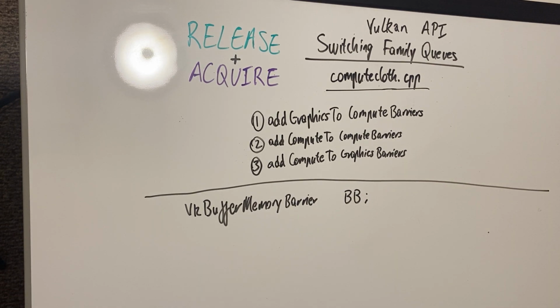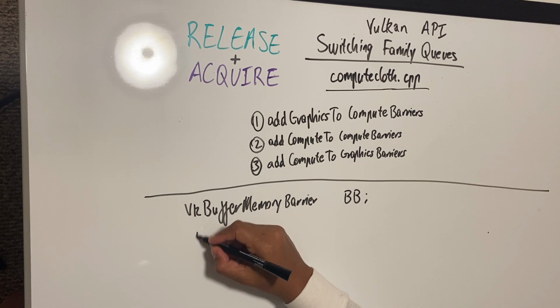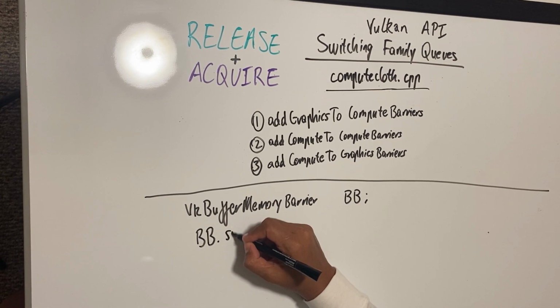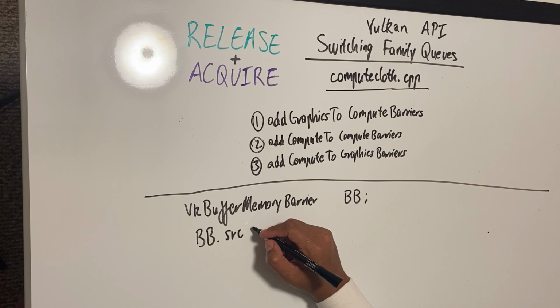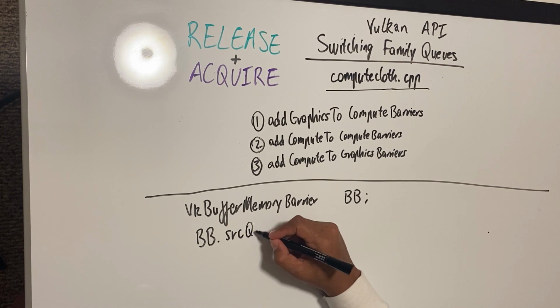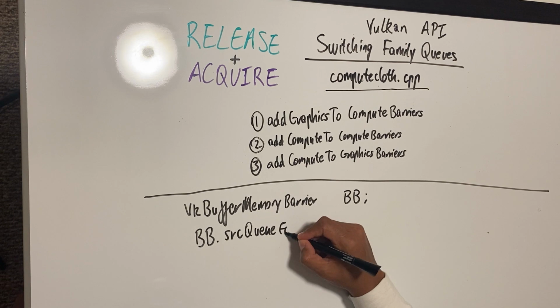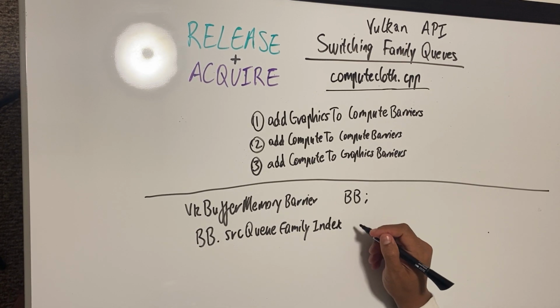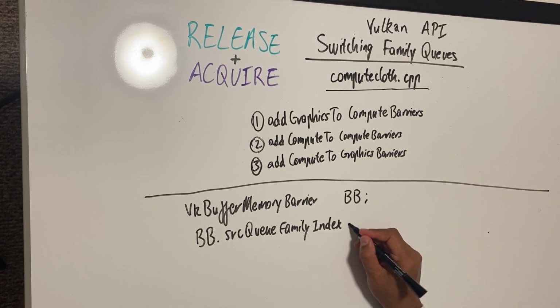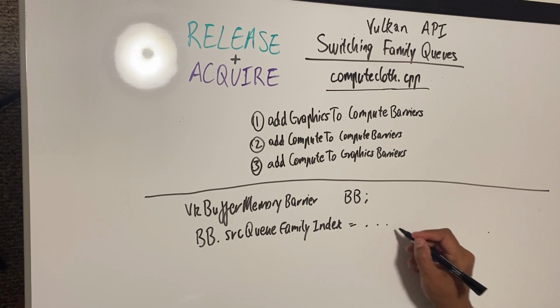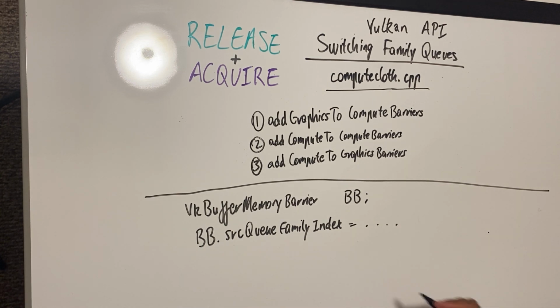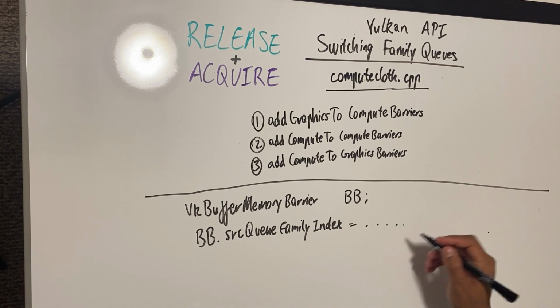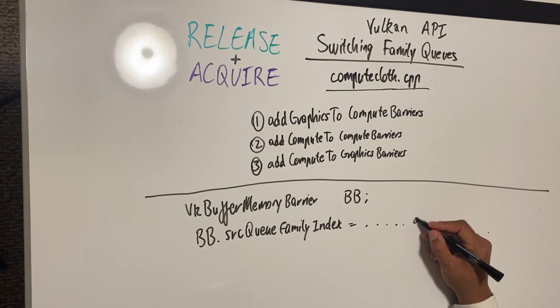Okay, so in that variable of type VkBufferMemoryBarrier, you have bb.srcQueueFamilyIndex, and you're going to say it's equal to a whole bunch of stuff, like it's one thing, and then you concatenate another thing, extension, but basically you go to graphics.